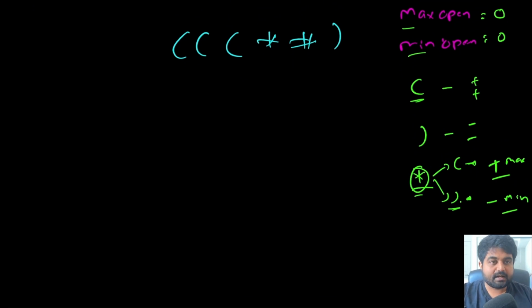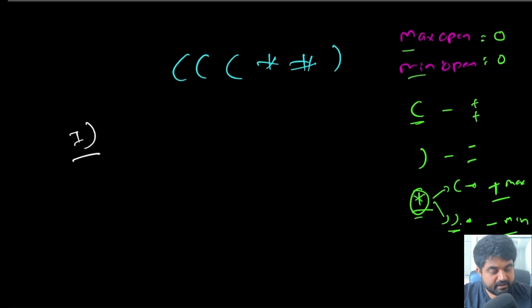Now, there are a couple of conditions that would allow us to solve this problem. Basically, find the loose cases. So first case is that if at any given point we identify that the maximum open parentheses count goes negative, which means that there are too few open parentheses and too many unopened parentheses, because whenever we have a closed parenthesis, we decrement the value.